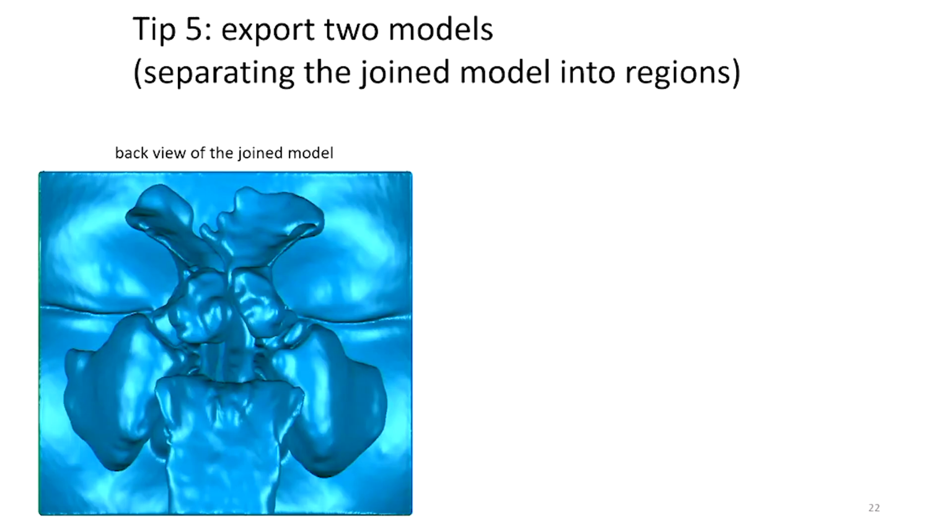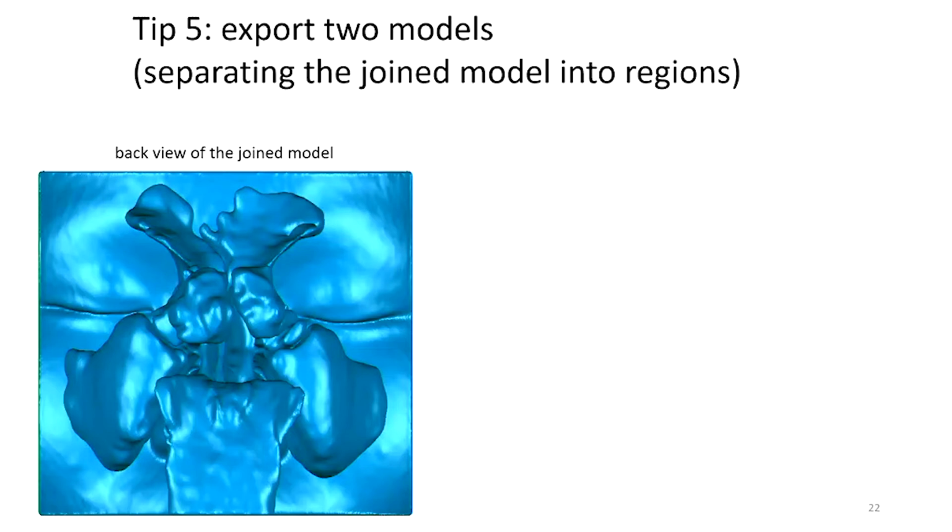So if you look at the complete model from the back, you will see that the connections, especially near the semilunar hiatus, are very complex, and it's really hard to cut here.